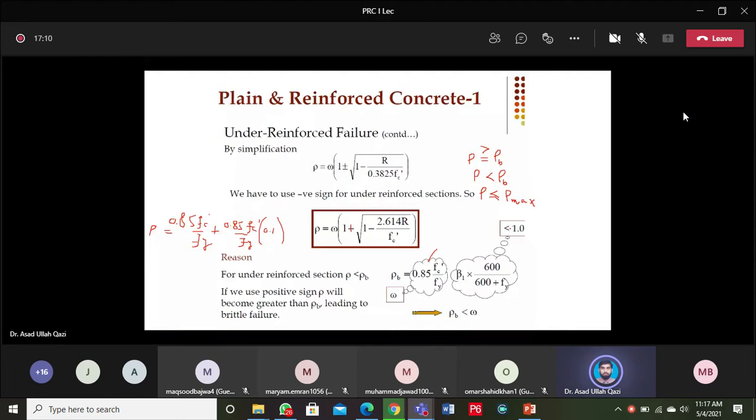And this is omega. So omega into a value less than 1 will give you actually the term somewhat which is this one.